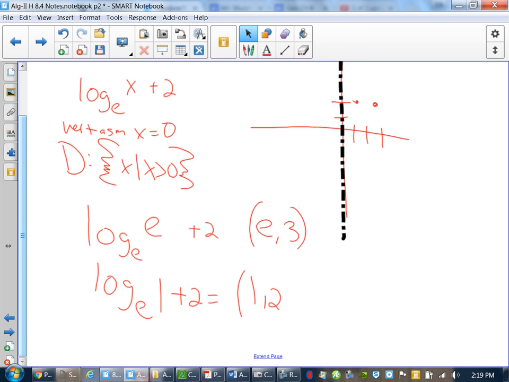Oh, this is at 2, sorry. It's going that way. Because base e is bigger than 1, it's increasing to the right. So is it okay if I give you e, if you remember that it's 2.7?